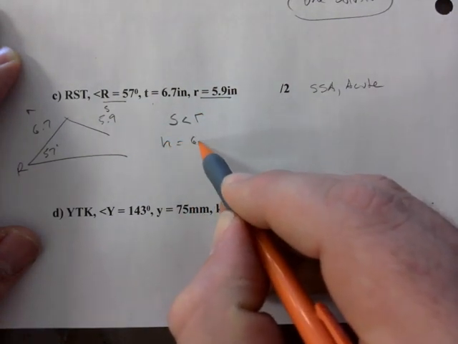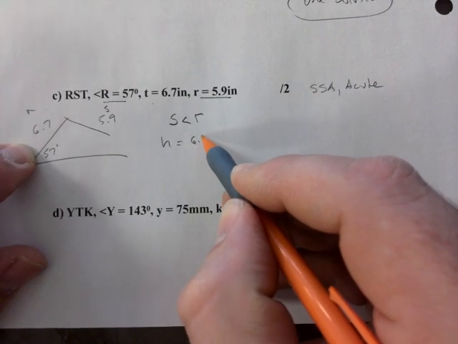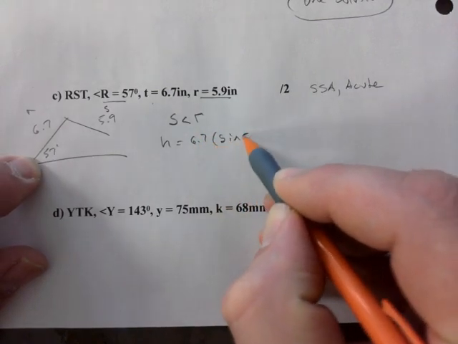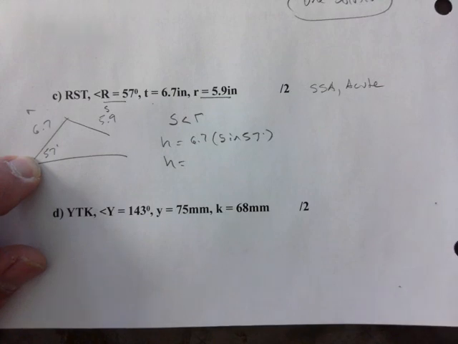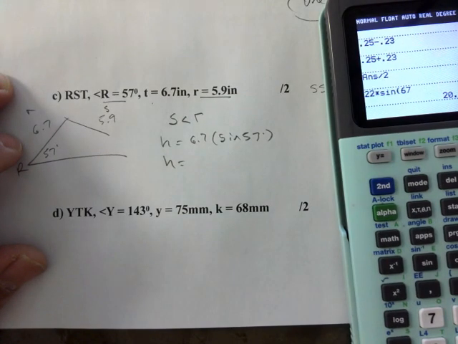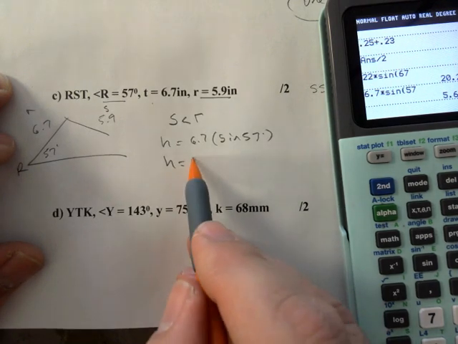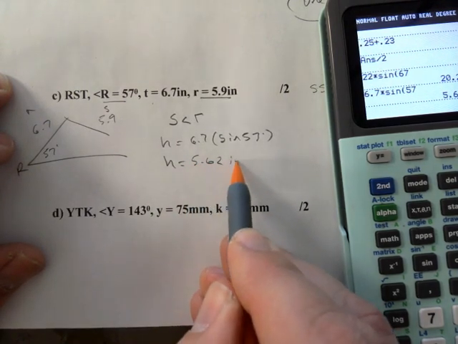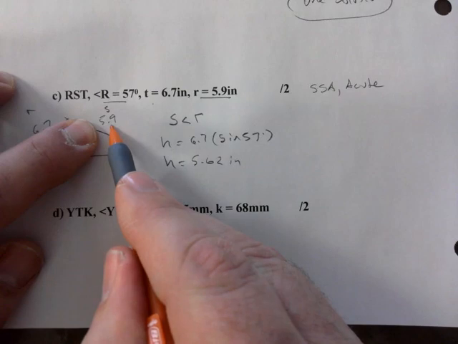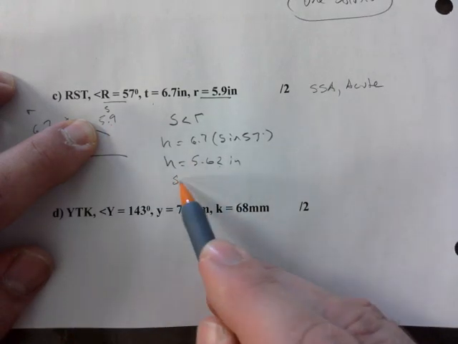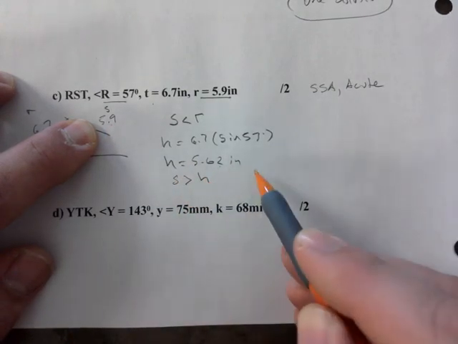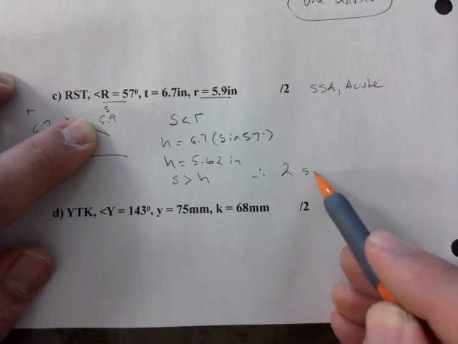So therefore the height, I have to take this side, the slanted, multiply it by the angle that's touching it. That's 5.62. And we can tell that the string is bigger than the height. Therefore, there's 2 solutions.